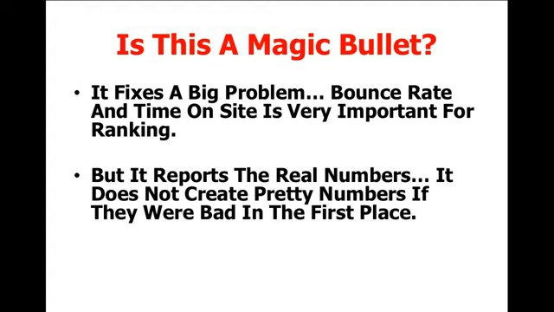So if your stats are really bad in the first place, if people leave your blog within seconds or don't spend time on there because your blog is bad and has bad content, this script is not a magic bullet that fixes this. It will give you the real numbers and will report them in a way so the real numbers look better than what Google is currently seeing, but it will not fix a bad site.